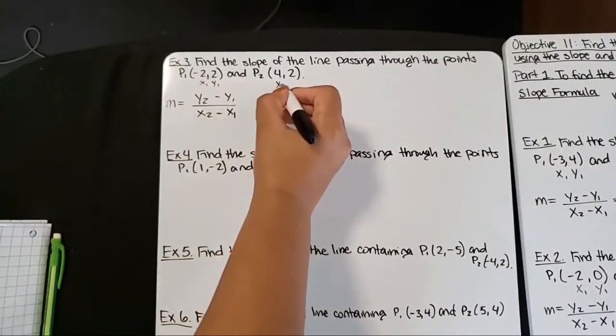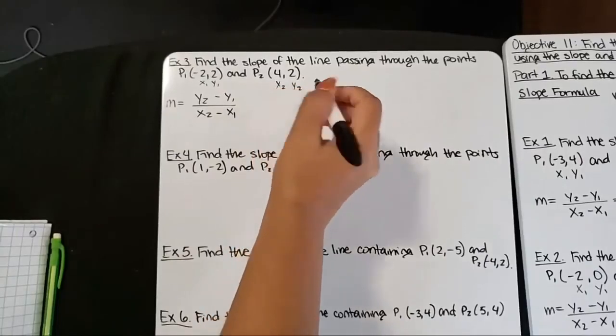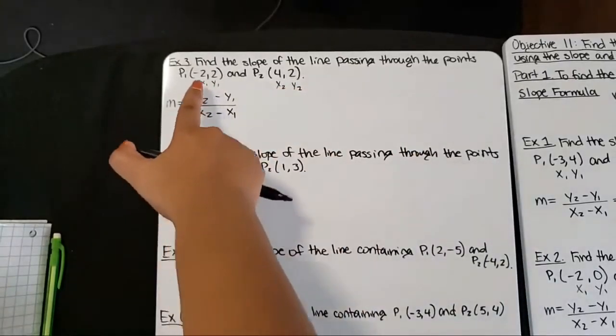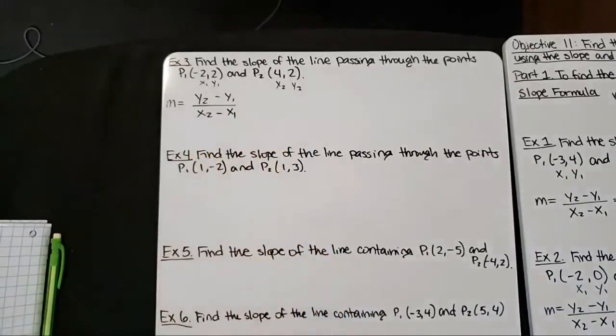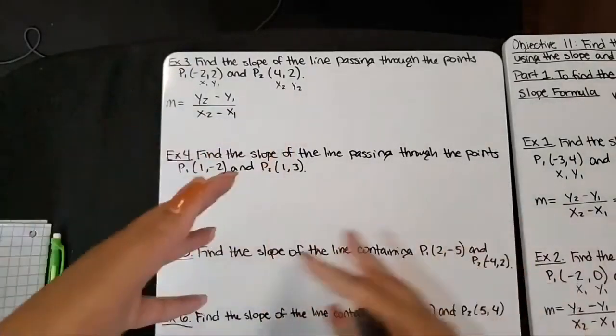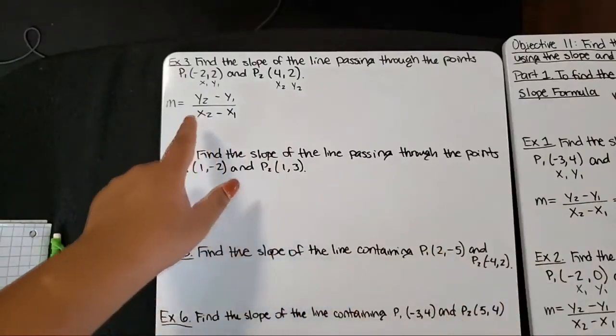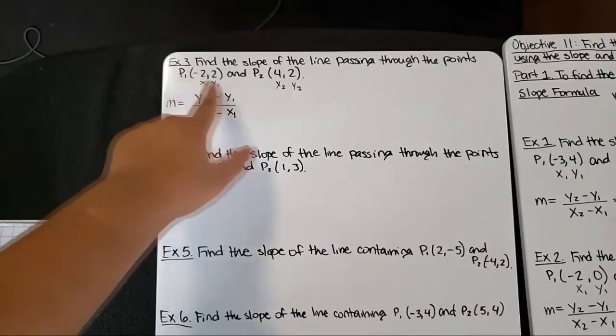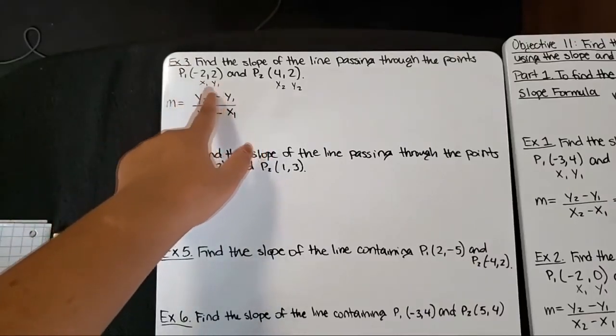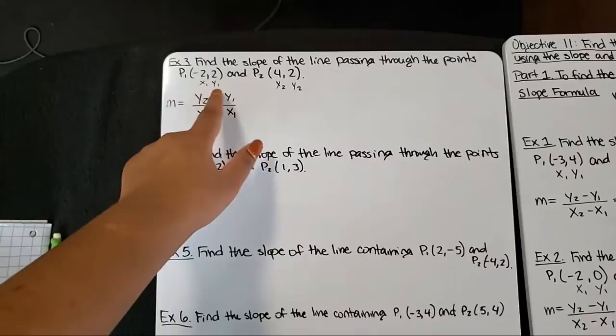This can be your point 1 or this can be your point 1, but you can't mix up your x's and y's. Like if this is going to be x1, this would have to be y1. This can't be x1 and y2.